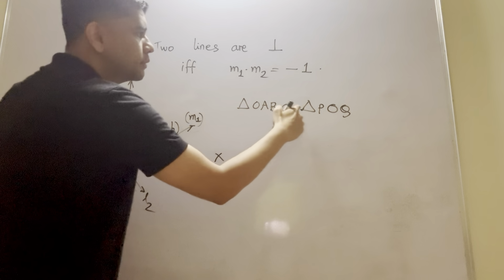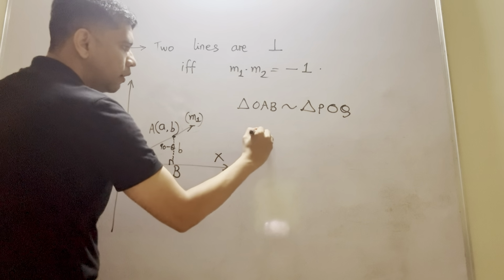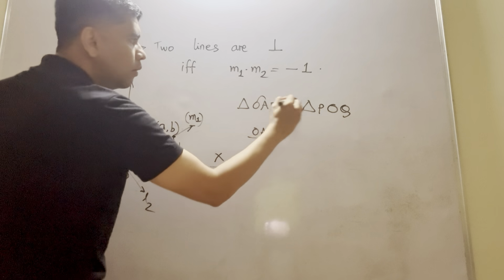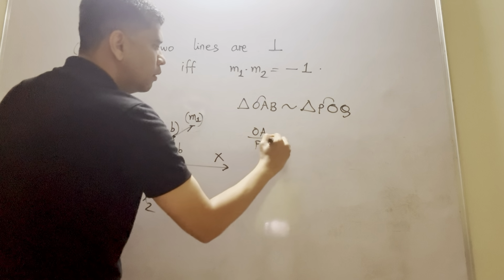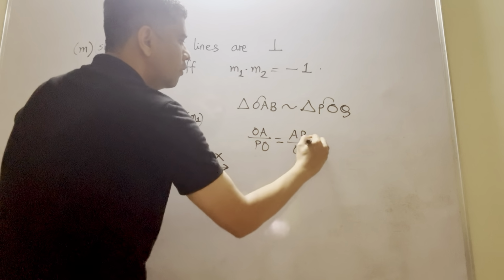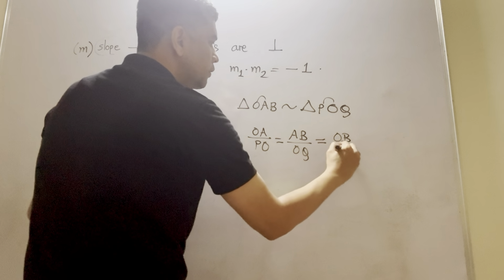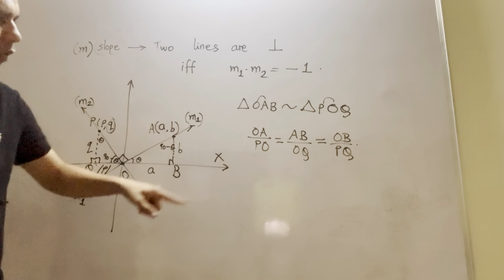So OAB is similar to POQ. Then what you have is OA is to PO is equal to AB is to OQ is equal to OB is to PQ, right?